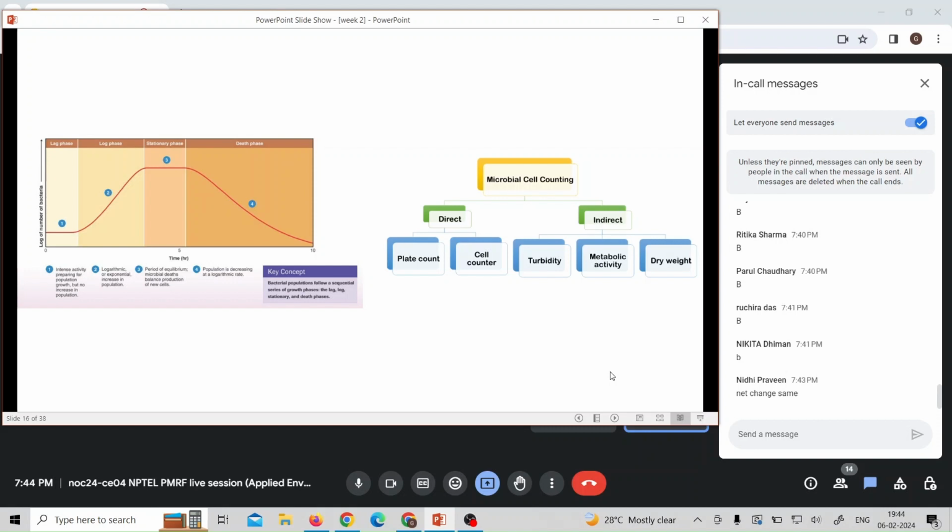Both fall in the direct counting category, but when you come to the indirect measurement, not even cell counting, you will have turbidity, metabolic activity, and dry weight.